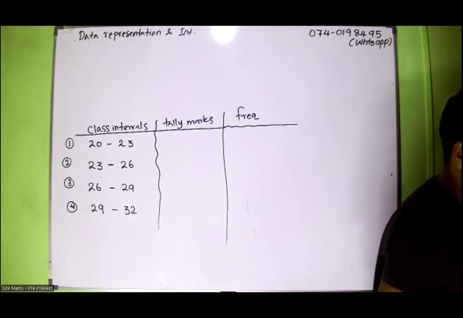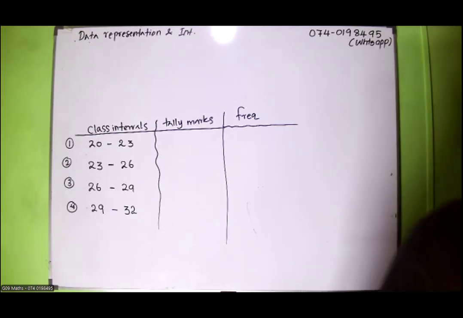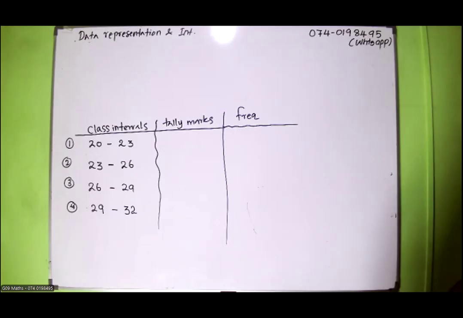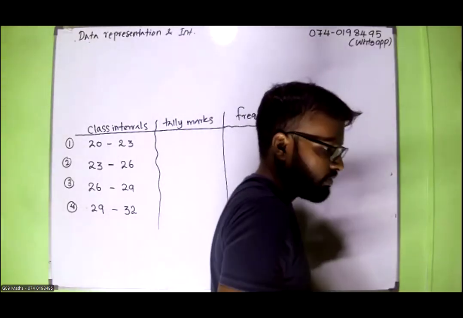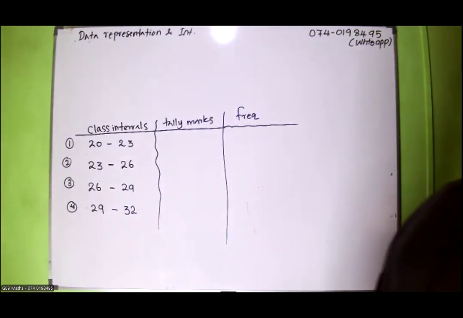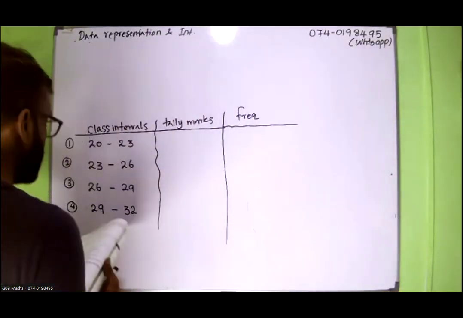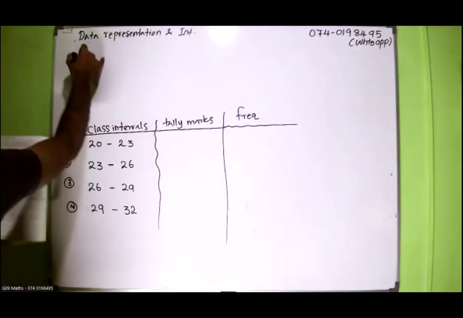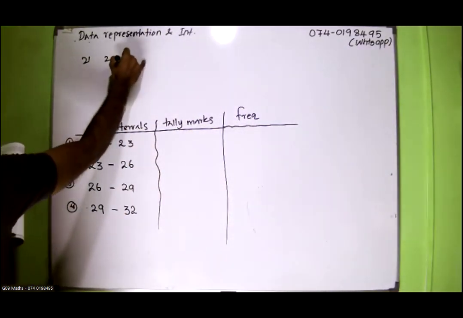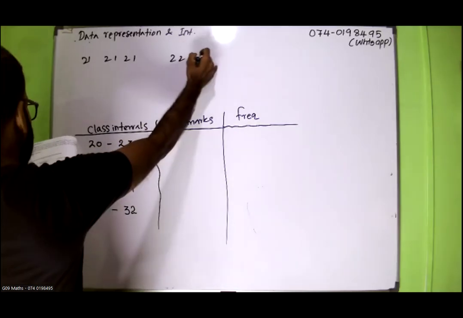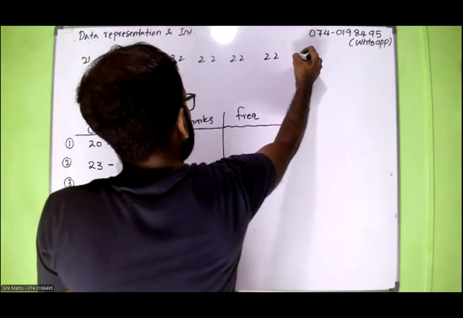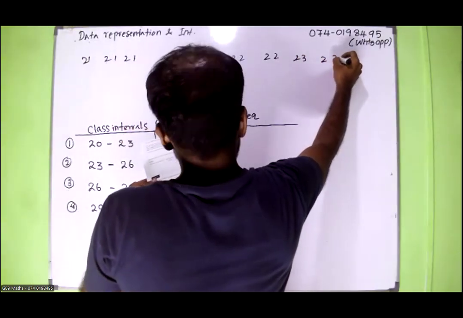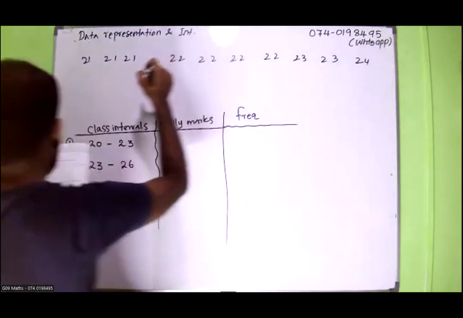Okay guys, I think some of you have done. Look at the board. I will write down the data set as it is: 21, 21, 21, 22, 22, 22, and again 22, 23, 23, and 24.